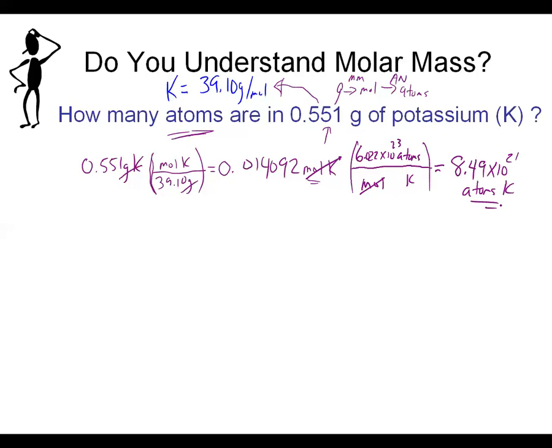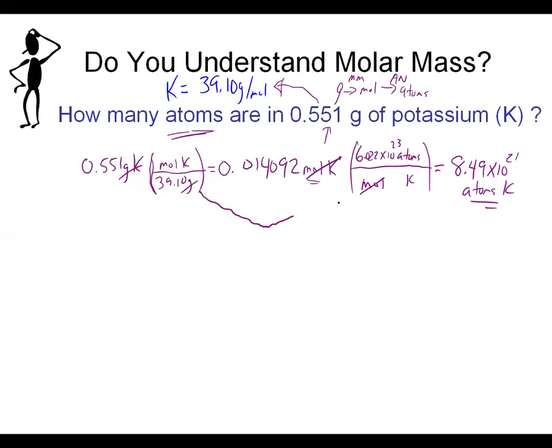Any questions on that one there? Yes, so the question is, you do not have to do it step by step, but you do have to show the dimensional analysis. So to answer your question, you don't have to get that answer in the middle.